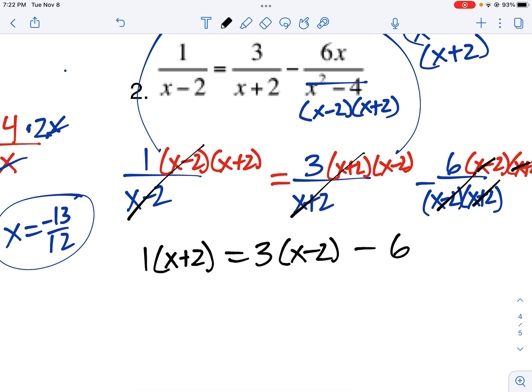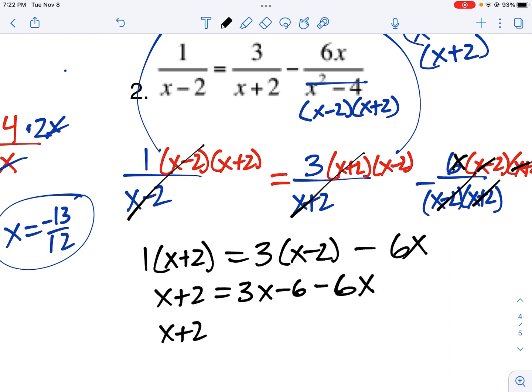So we can do some distributing. So x plus 2 equals 3x minus 6 minus 6. And excuse me, I forgot an x there, so that's 6x. So combining like terms, we have x plus 2 equals negative 3x minus 6.